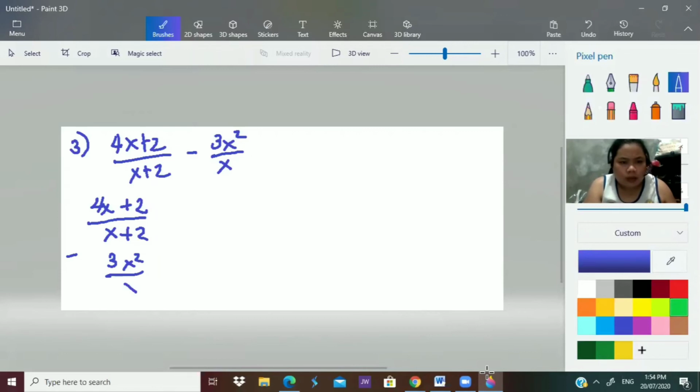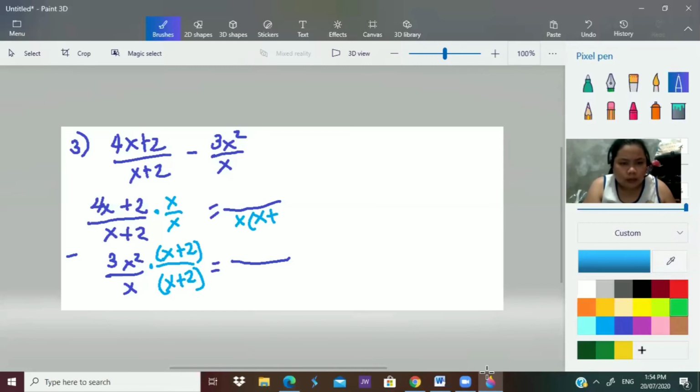So, anong ginawa natin sa addition? Ang ginawa natin sa addition, kung ano yung partner niya na given, yun ang kanyang multiplier. So, halimbawa ito sa x plus 2, ang partner niya dito ay si x. So, ang multiplier niya ay x over x. Ito naman, ang partner niyang denominator ay x plus 2. So, times x plus 2. So, dito, you have now x times x plus 2 and you have x times x plus 2.